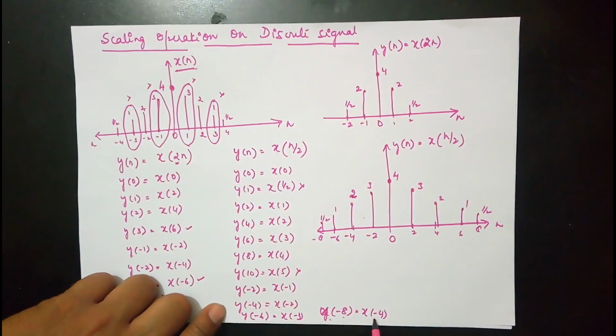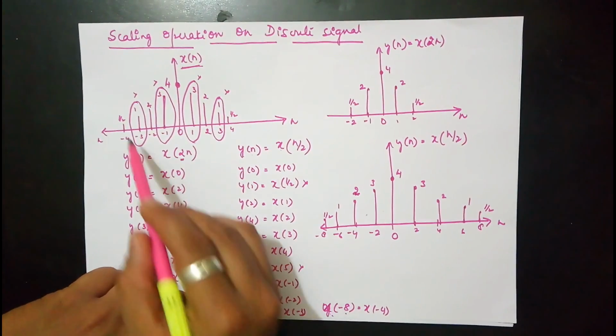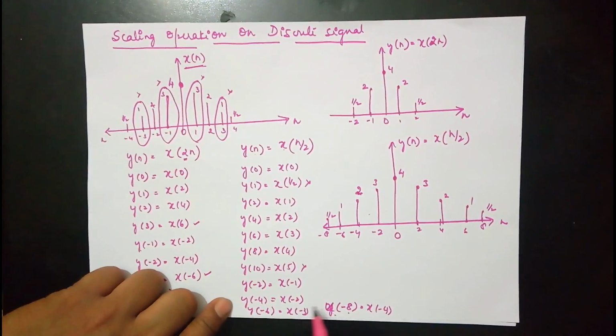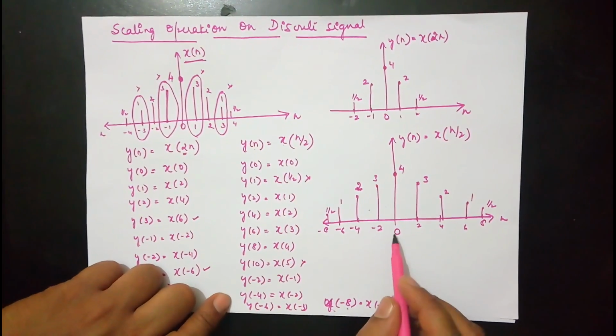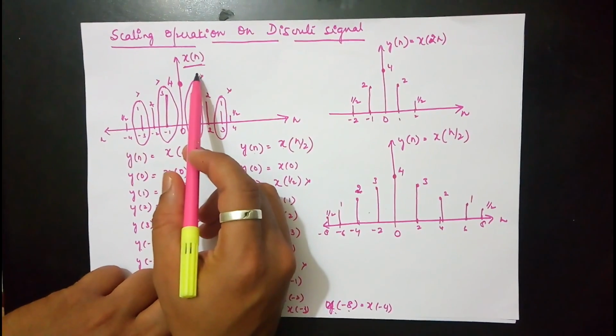Y of minus 8 is x of minus 4. X of minus 4 is half. Y of minus 6 is x of minus 3, which is 1. Y of minus 4 is x of minus 2. X of minus 2 is 2. So we have got the expanded version of our original signal.